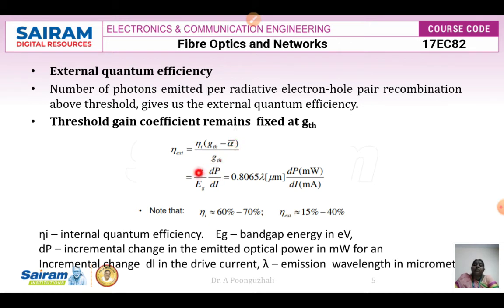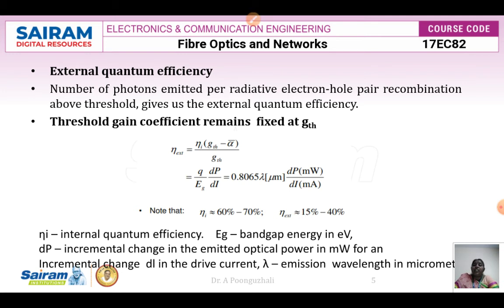So I can write this expression as Q by Eg into dP by di. If I substitute the Q and Eg values, I will get 0.8065 lambda, where lambda is in micrometers, into dP in milliwatts over di in milliamps. In that case, my internal quantum efficiency is going to be around 60 to 70%, but the external quantum efficiency is going to be around 15 to 40% there.